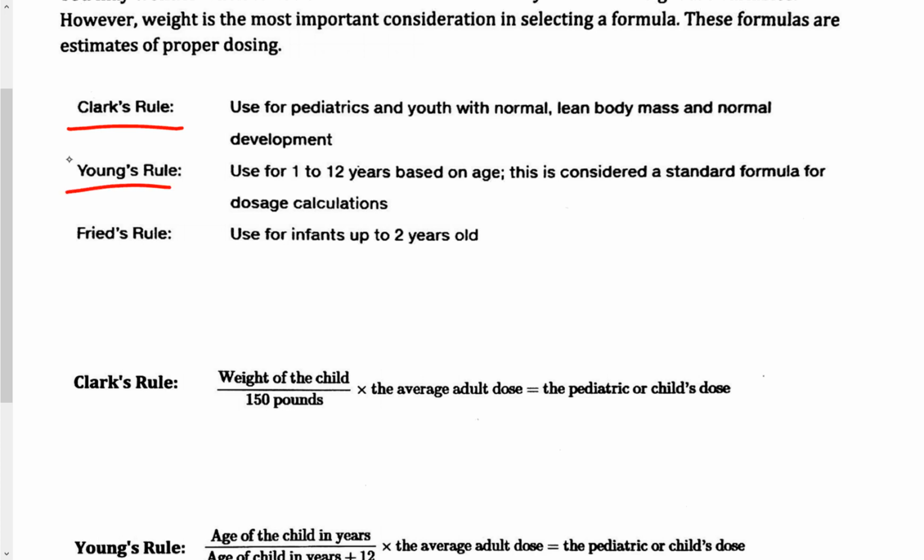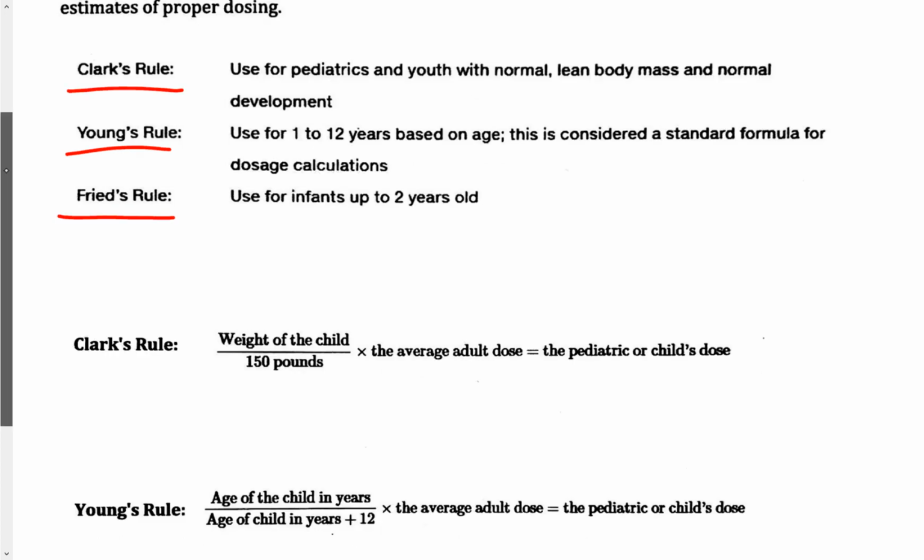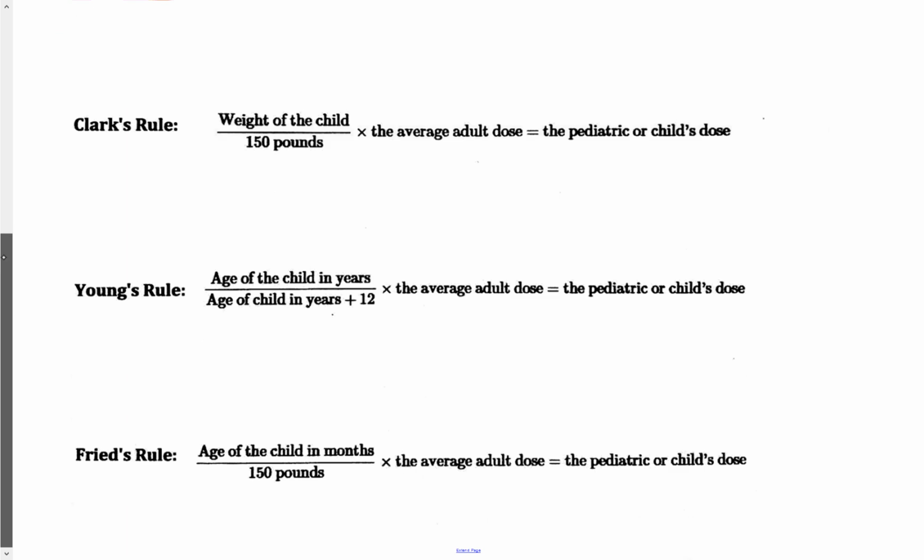Young's rule, you use for 1 to 12 years based on their age. This is also considered a standard formula for dosage calculations. And then you have Fried's rule. This is used for infants up to 2 years old. And so these are the different formulas that you're going to follow.